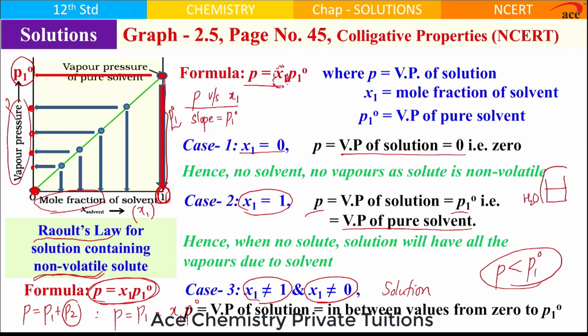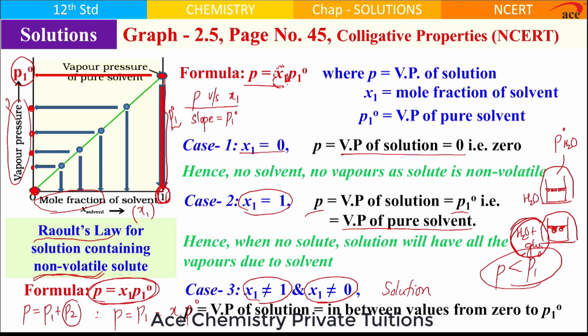If you think about it, you can get this answer. If there is only solvent, imagine there is only water, then the vapor pressure will be only due to water. But now imagine you add glucose to that water. If you have added glucose, there will be some glucose molecules on the surface. So molecules on the surface will be some glucose, the remaining will be water molecules. But the water molecules available in this case will be fewer than the water molecules available in the pure case.